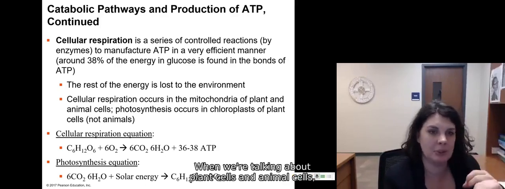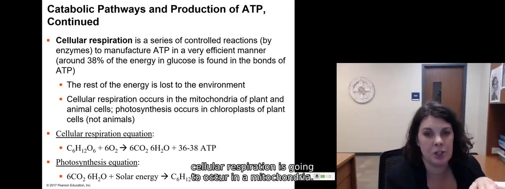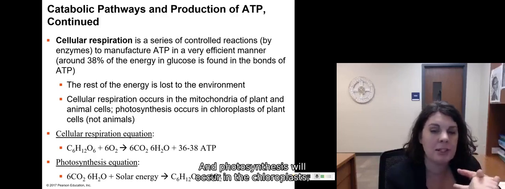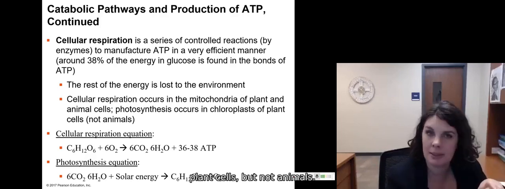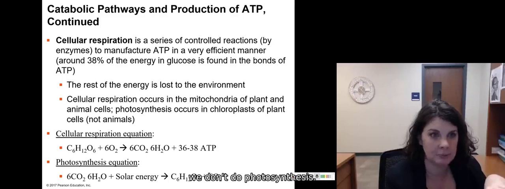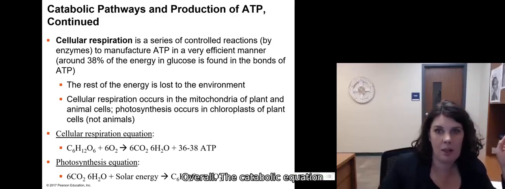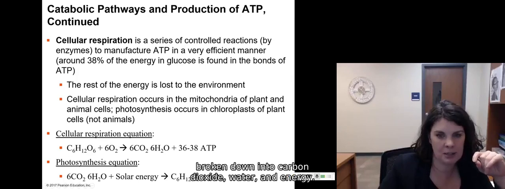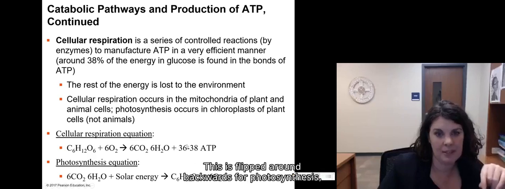When we are talking about plant cells and animal cells, cellular respiration is going to occur in our mitochondria. And photosynthesis will occur in the chloroplast of plant cells, but not animals. We don't have chloroplasts and we don't do photosynthesis. So overall, the catabolic equation for cellular respiration is glucose plus oxygen is broken down to carbon dioxide, water, and energy.